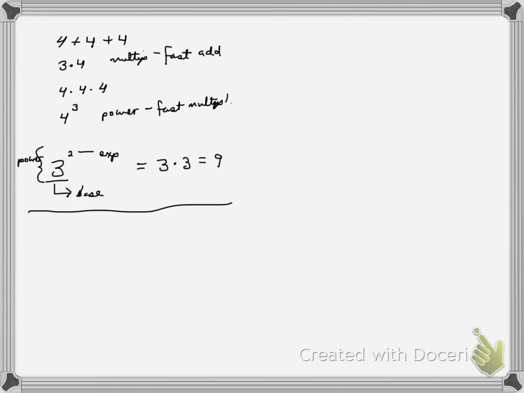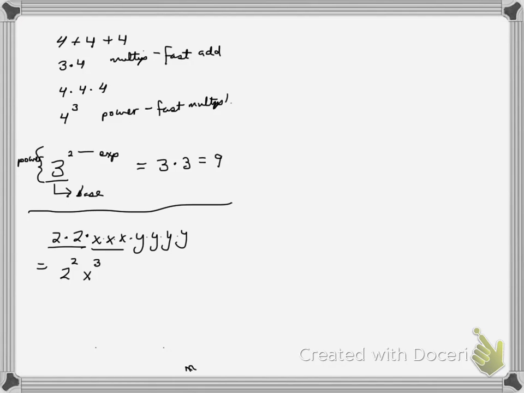So let's look at some more ideas here with powers. First off, I can condense it, meaning let's write it in its simplest form. How would I write this in simplest form? Well, I'll take my first value, which is a 2, and I'm going to multiply it together 2 times. So that's the same as 2 squared. I'm going to take my second value, which is an x, and I'm multiplying it by itself 1, 2, 3 times.